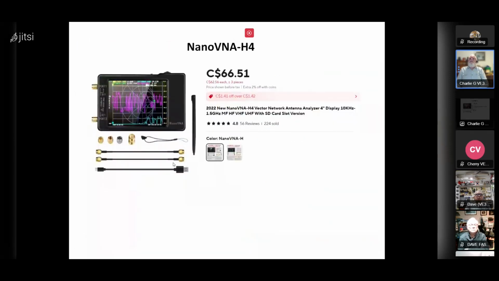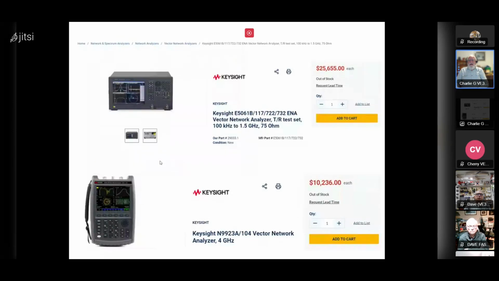Enter the NanoVNA, a device that for the lowly sum of $66.51 at AliExpress here, can do 10 kilohertz to 1.5 gigahertz. And if we go back up, what was that original $25,000 unit?